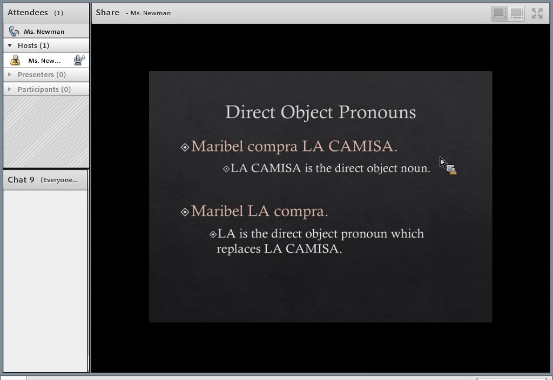La is the direct object pronoun, which replaces la camisa. So it literally means it, really referring to the shirt, right? Sometimes you can get a clue when the word the is there, la camisa. It means it's singular and feminine. But just a reminder, this isn't the word the. It means it, referring to the shirt.